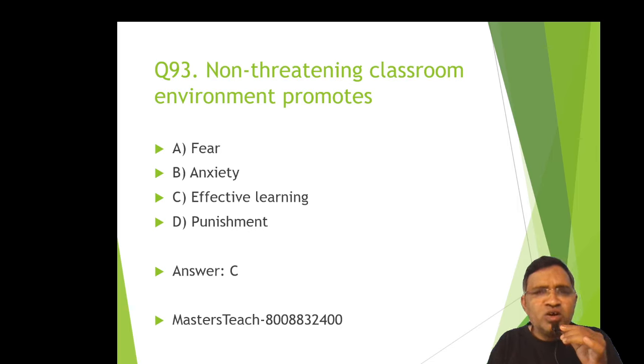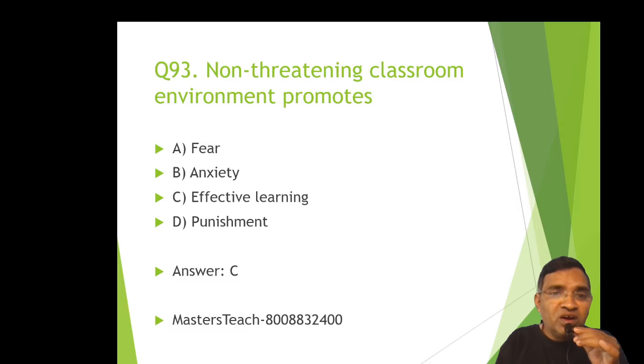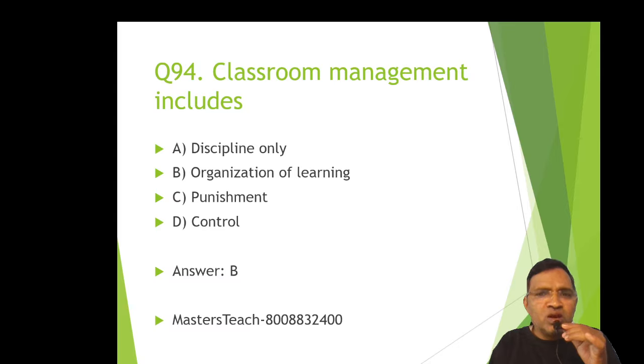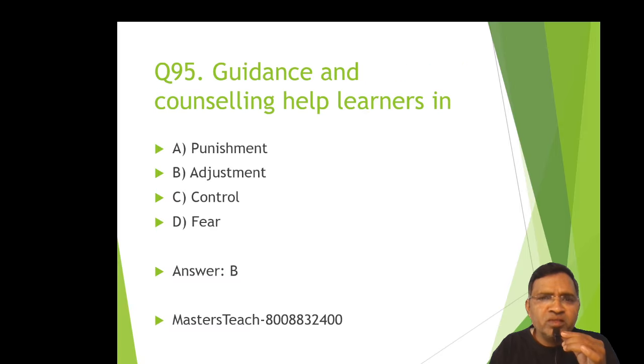The answer is non-threatening classroom environment promotes effective learning. Do remember. Answer C. So classroom management includes A. Discipline only, B. Organization of learning, C. Punishment, D. Control. So classroom management includes organization of learning.